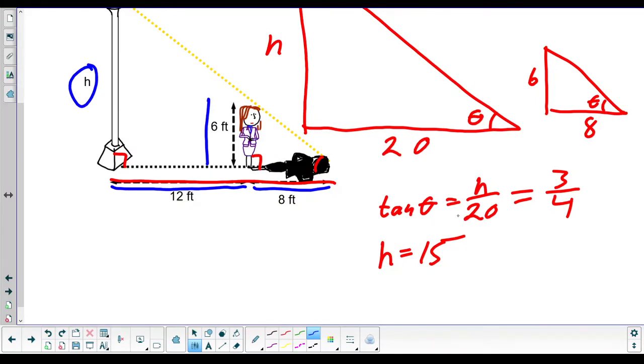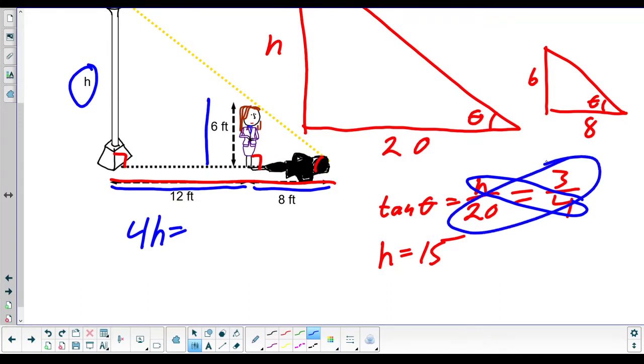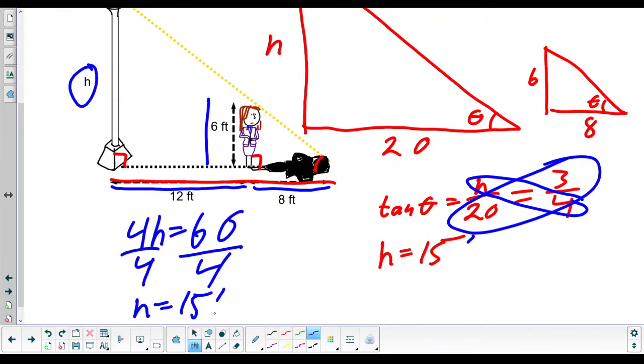But for argument's sake that this isn't a nice number, the way you would solve this is cross multiplying. You would do 4 times h equals 3 times 20. Divide both sides by 4. h equals 15 feet. An apostrophe is the universal symbol for foot, but anyway, cool.